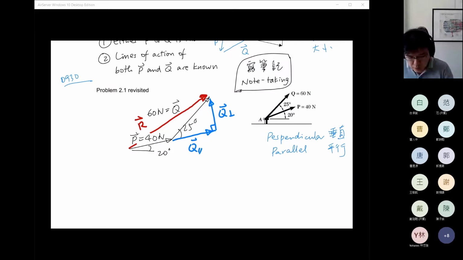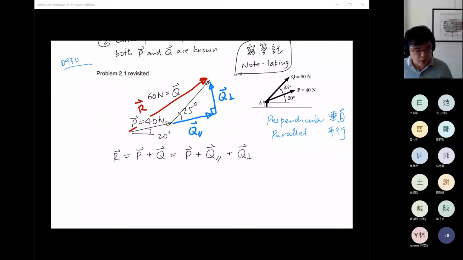Of course, if we are determining R, it equals P plus Q, and by the figure, you know that it equals P plus Q parallel plus Q perpendicular. Is there any problem with this logic?